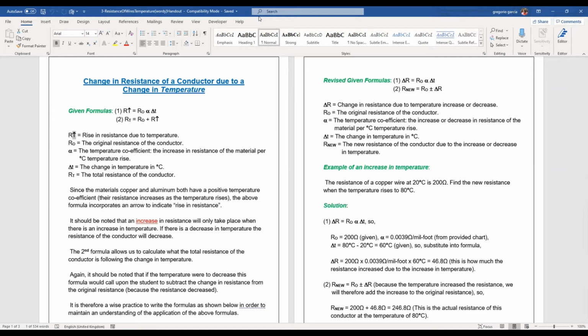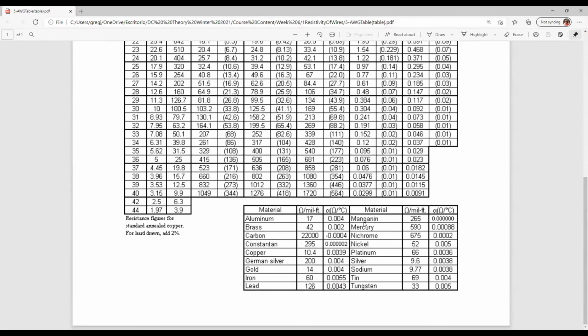Before I keep moving, I want to take you back to the same table that we saw before. From this table, you can see that here is where you have your millifoots.